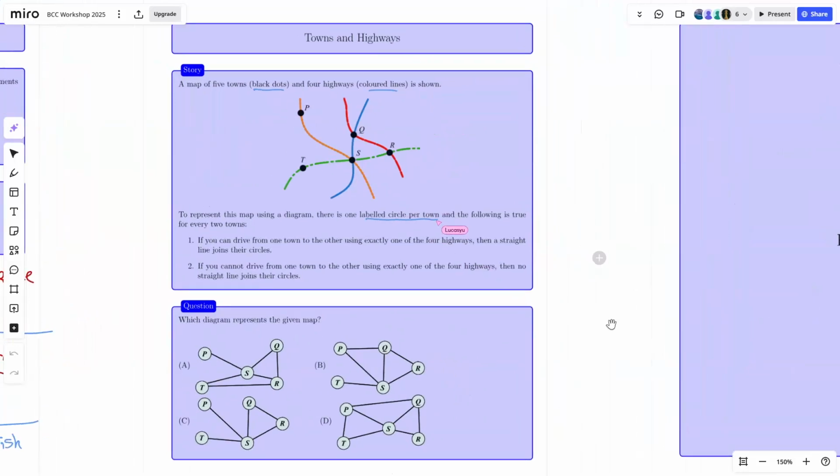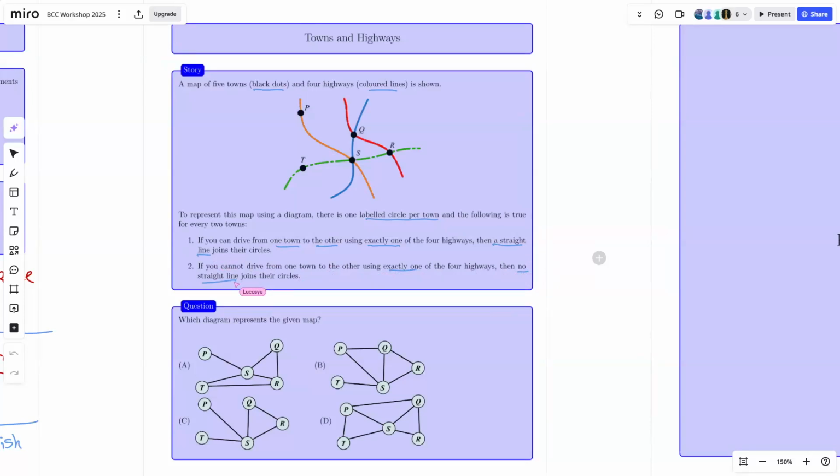If you can drive from one town to the other using exactly one of the 4 highways, then a straight line joins the circles. And if you cannot drive from one town to the other using exactly one of the 4 highways, then no straight line joins the circles. And then it's asking which diagram best represents this map.